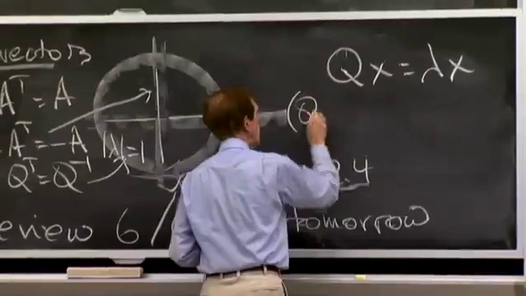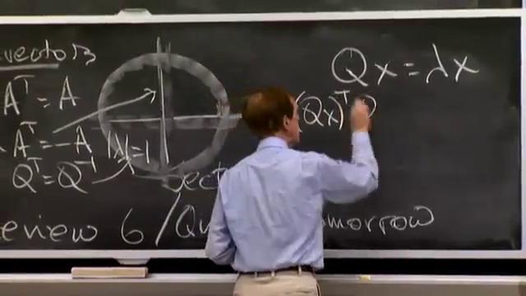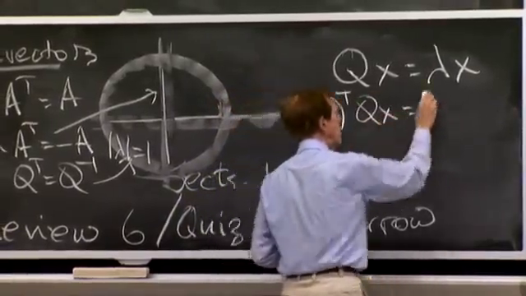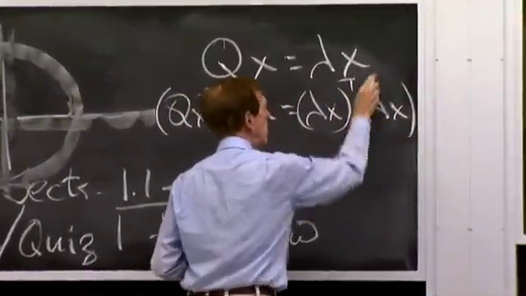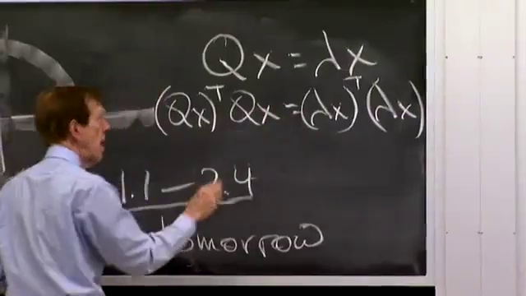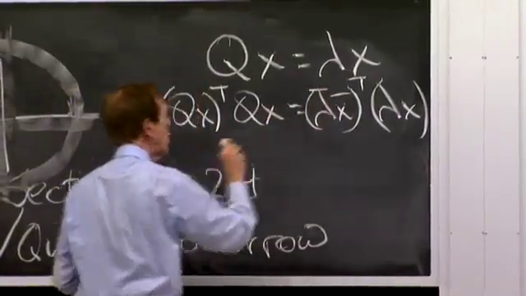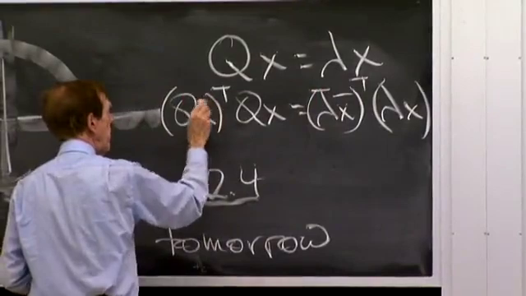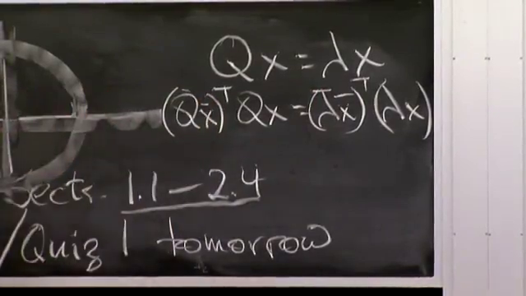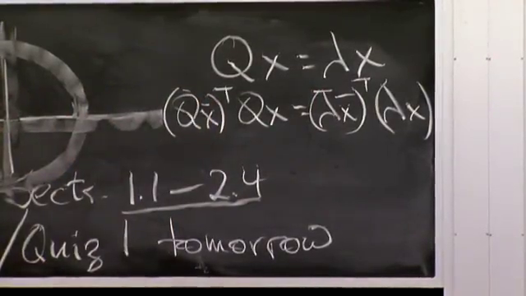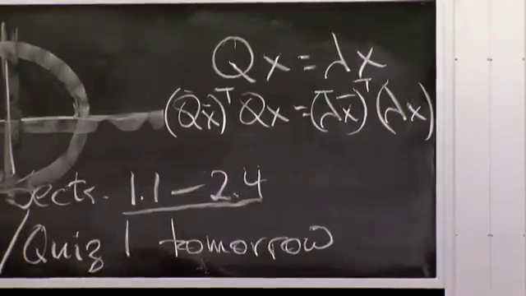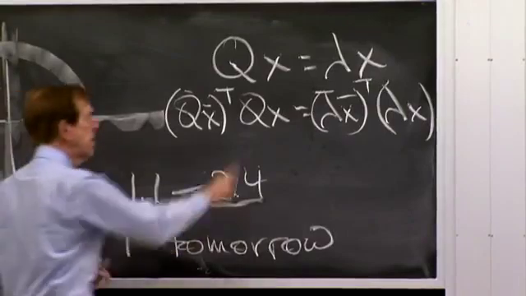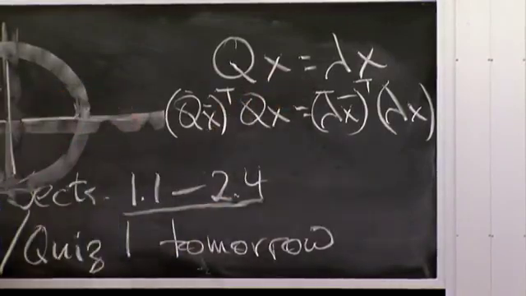So both sides, I'll do Qx transpose Qx, and lambda x transpose lambda x, right? Only these are complex, so I've got to take complex conjugates. I just took the length squared of both sides and kept in mind the possibility that this x and lambda could be, and probably will be, complex numbers.